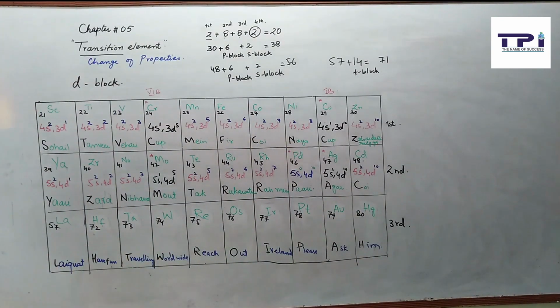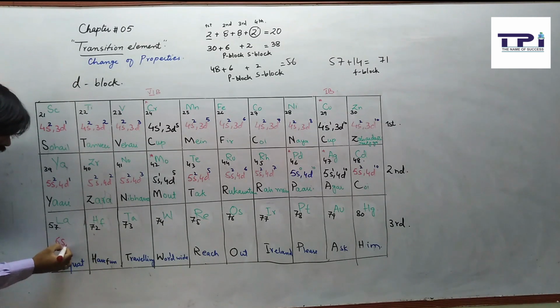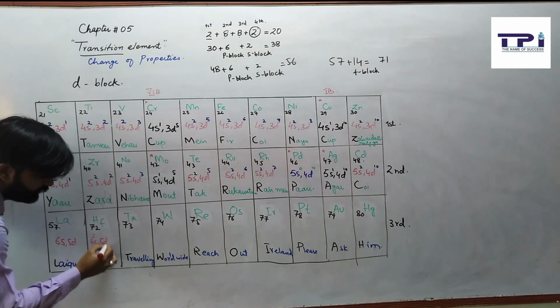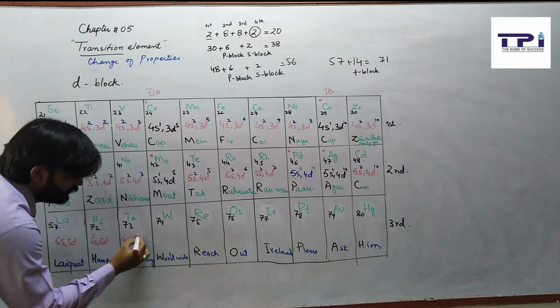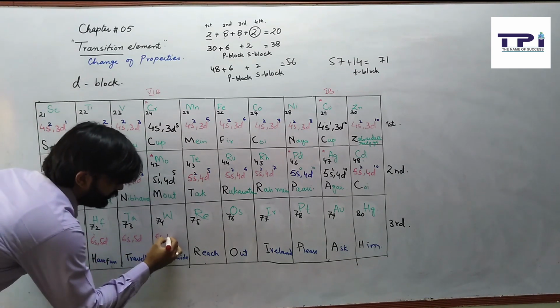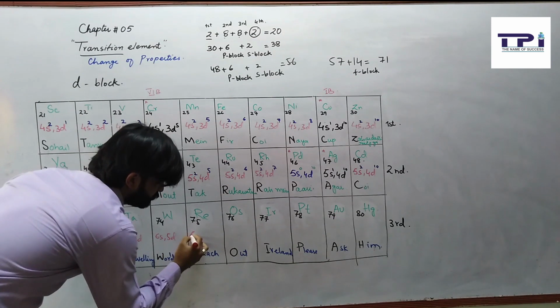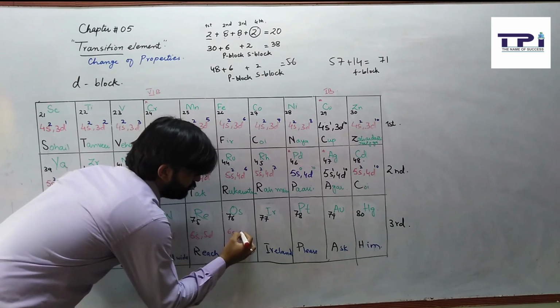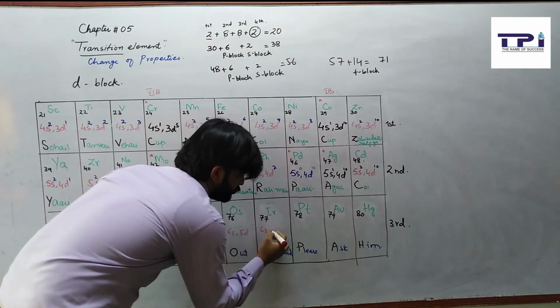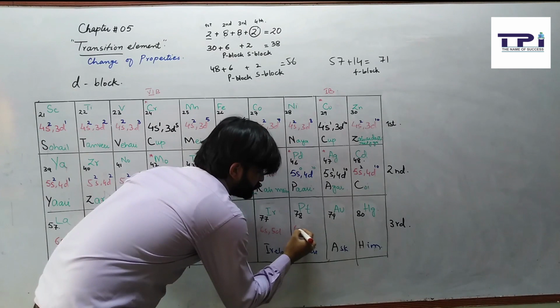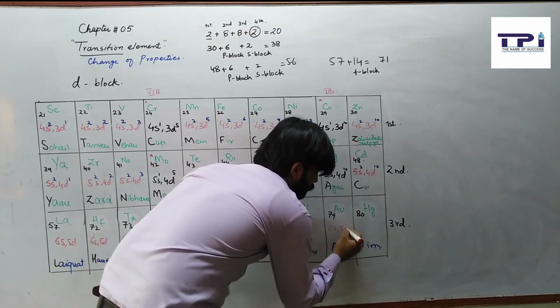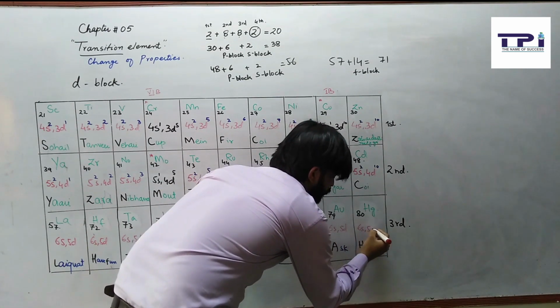Now we have to find electronic configuration. This belongs to period 6. 6s 5d, 6s 5d, and so on for each element.